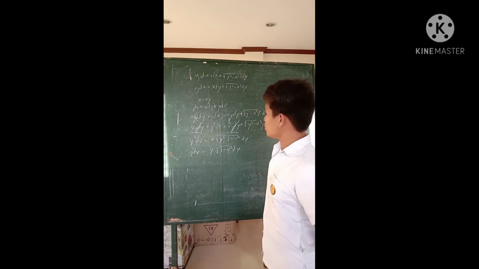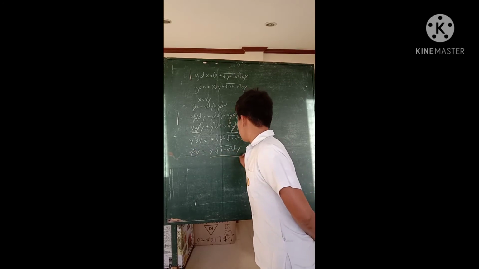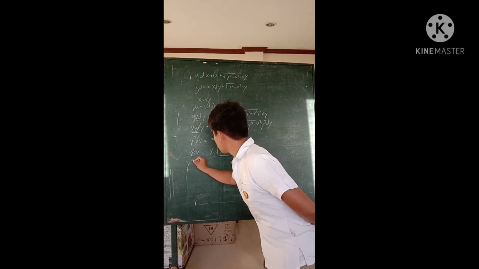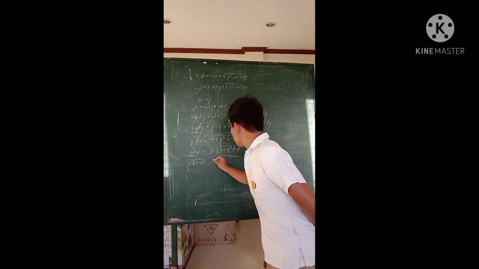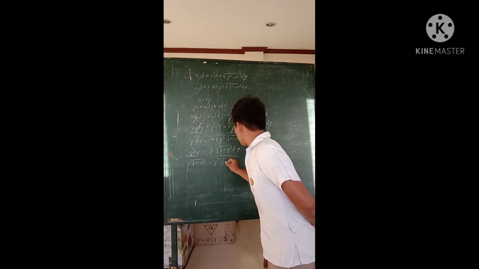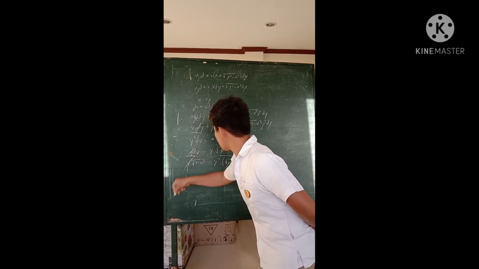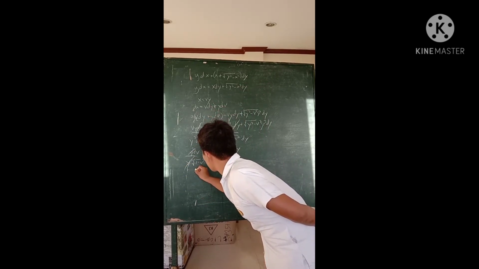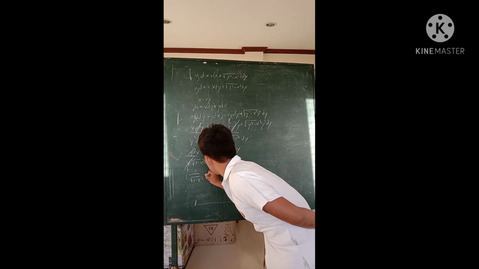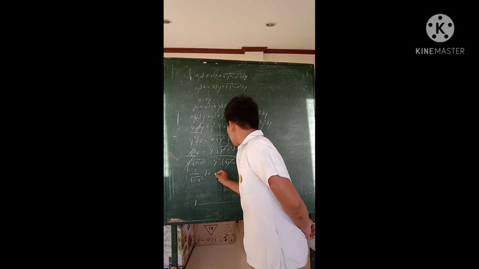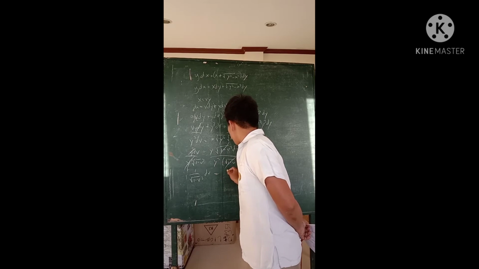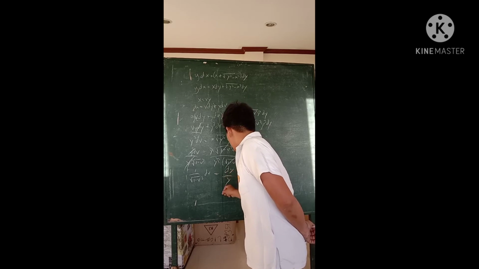Next we need to divide by y squared and by the square root of 1 minus v squared. So cancel the y squared. The remaining is 1 over the square root of 1 minus v squared dv, and on the other side, dy over y.